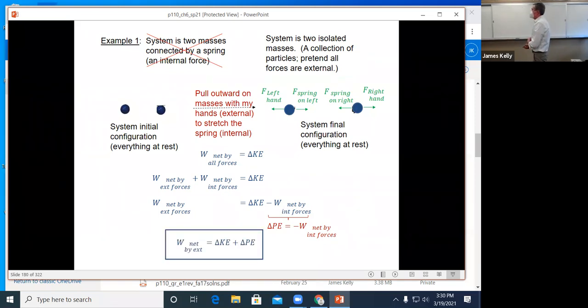And therefore, our new version of a different form of work energy theorem that applies to springy systems as well is that the net work done by external forces on some kind of springy system is equal to the change in kinetic energy plus the change in potential energy.